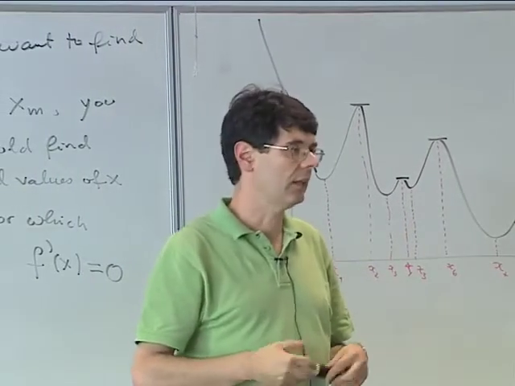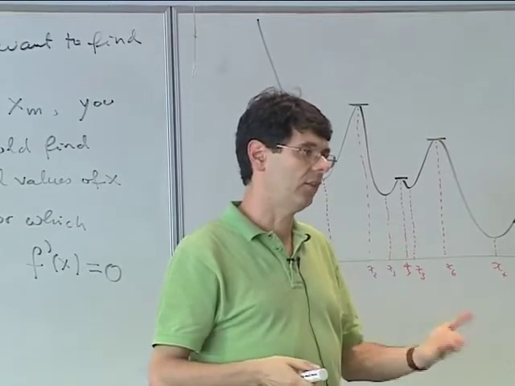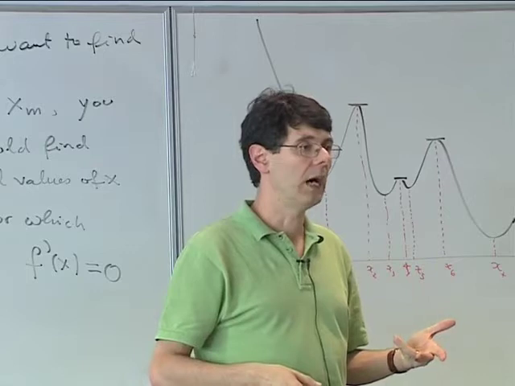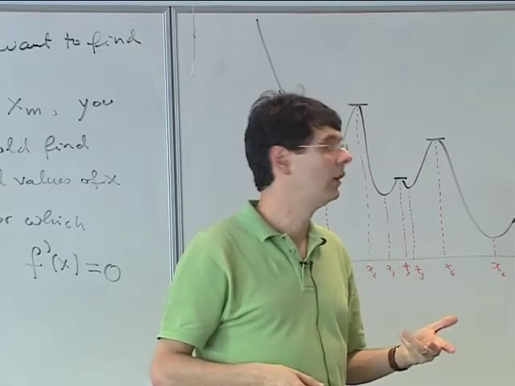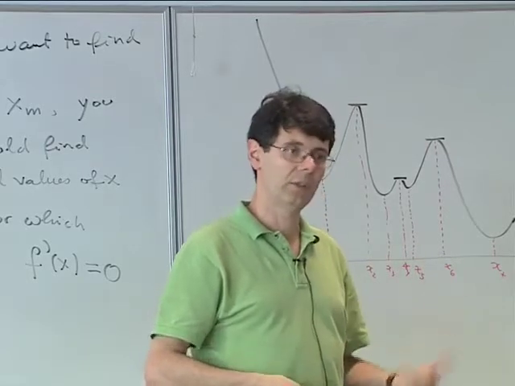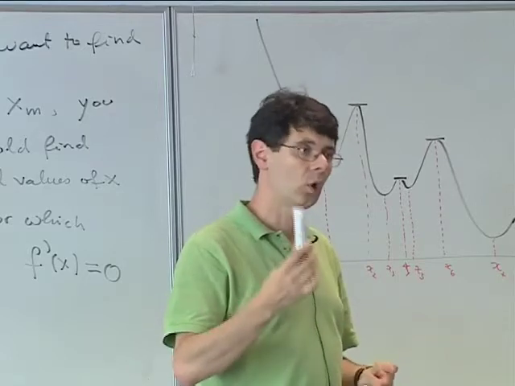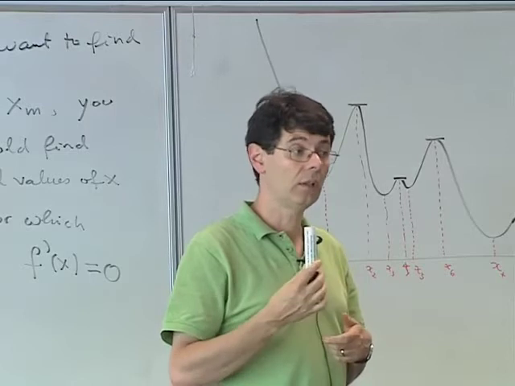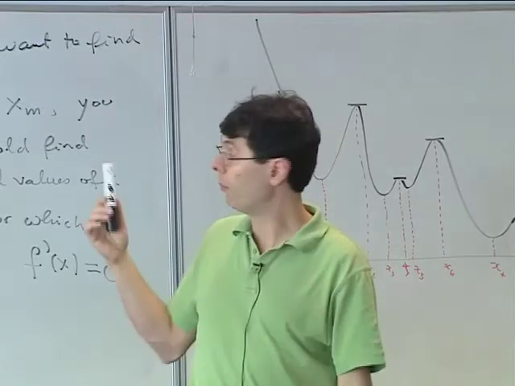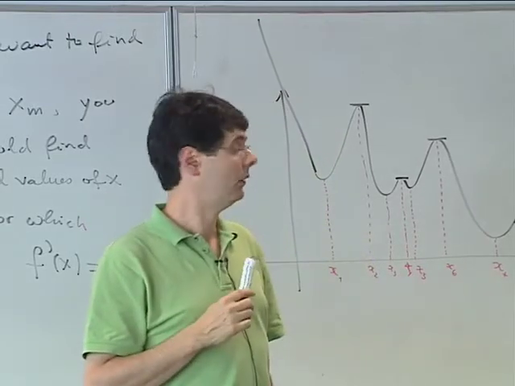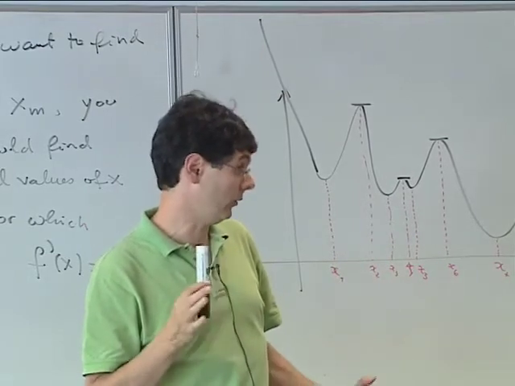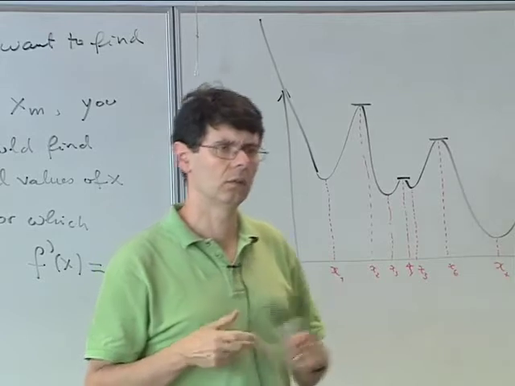It's like near Adelaide, what's the largest mountain or hill? It's Mount Lofty. At the top of Mount Lofty, you are at the local max. But it's not the absolute or global max. The global max for Australia is Mount Kosciuszko.